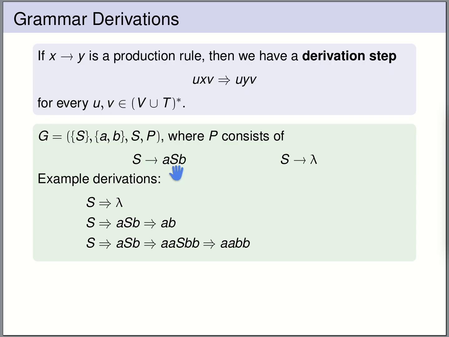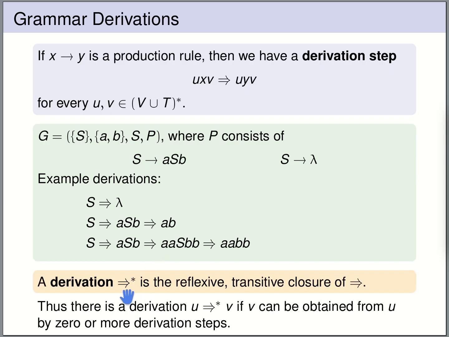Now, this is a single derivation step, but we also would like to denote that we have longer derivations. And longer derivations we denote by this fat arrow with a star. So this is a derivation. Formally, this is the reflexive transitive closure of the single derivation step. You can imagine this derivation just as saying that we have a derivation of 0 or more single derivation steps.